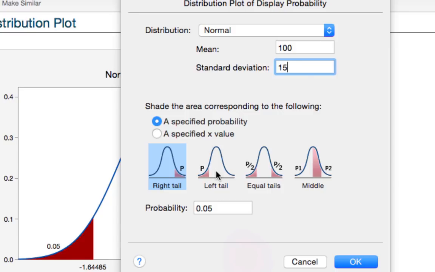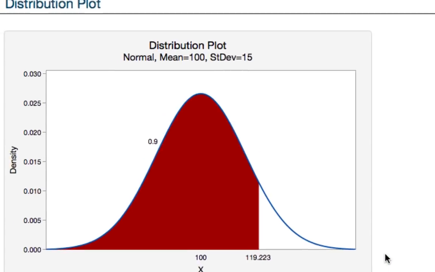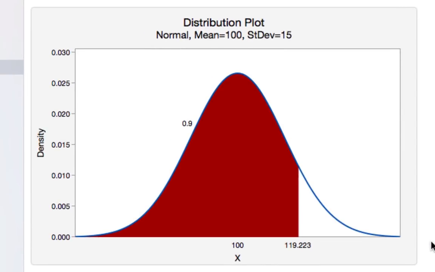So the 90th percentile would be the value where 90% or 0.90 fall to the left and 10% or 0.10 fall to the right. The IQ score for the 90th percentile is 119.223.